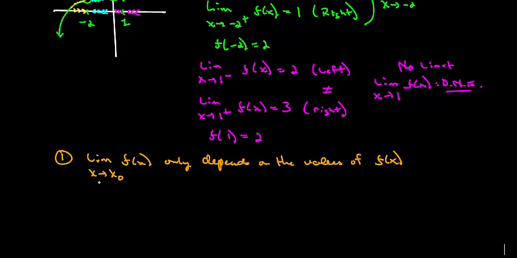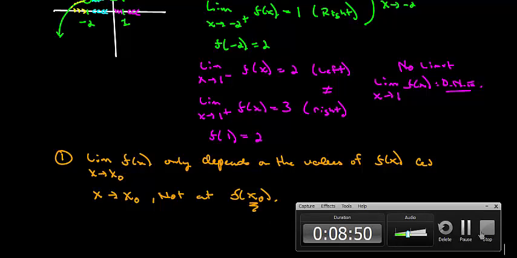The limit as x approaches x naught of f of x only depends on the values of f of x as x gets close to, or approaches, x naught, not at x naught. So we don't actually care what the function is at the exact point. We just care about values that are really close.